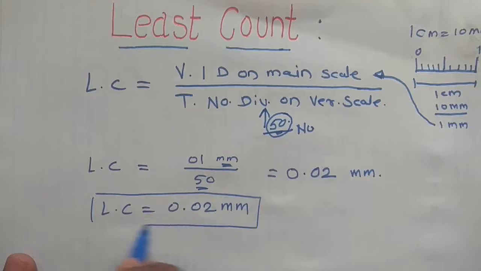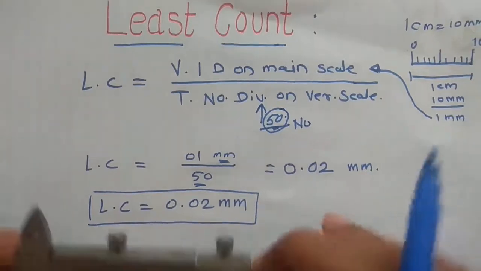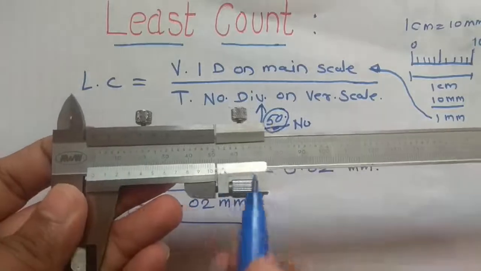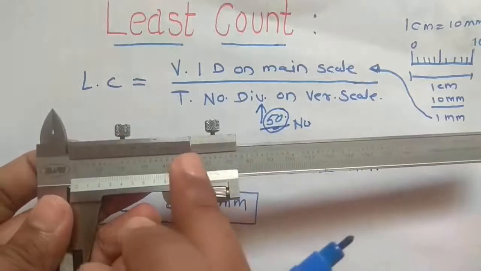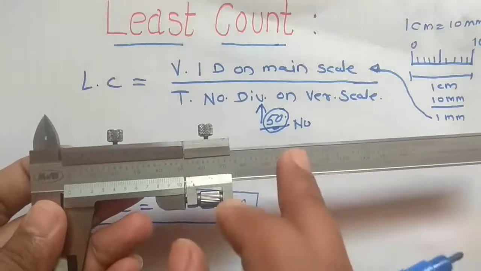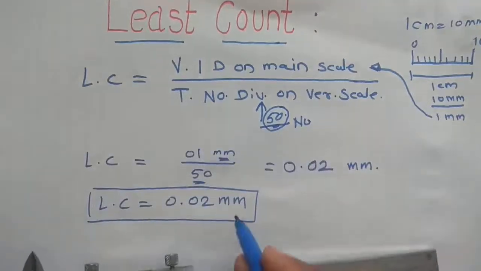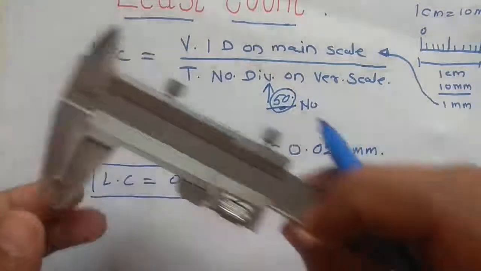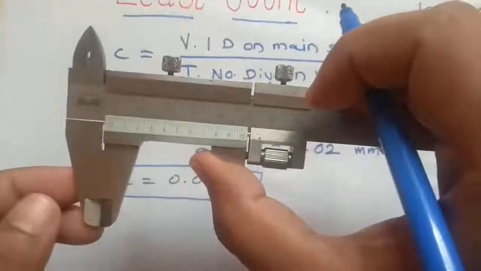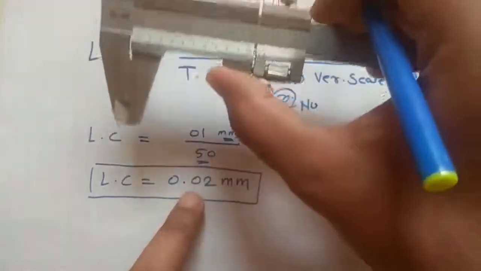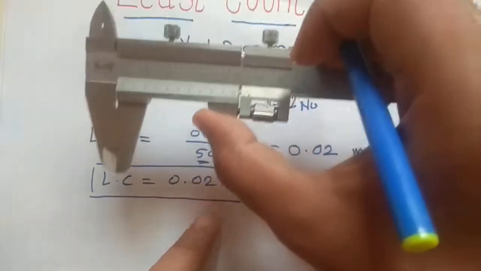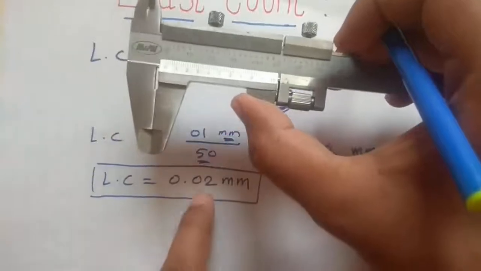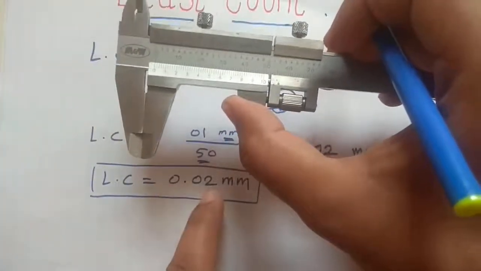This vernier caliper is in mm. If you use a vernier caliper in centimeters, inches, or yards, the unit will change. Now the main concept here is the meaning of least count, that is 0.02 mm. This instrument can measure a minimum dimension of 0.02 mm.